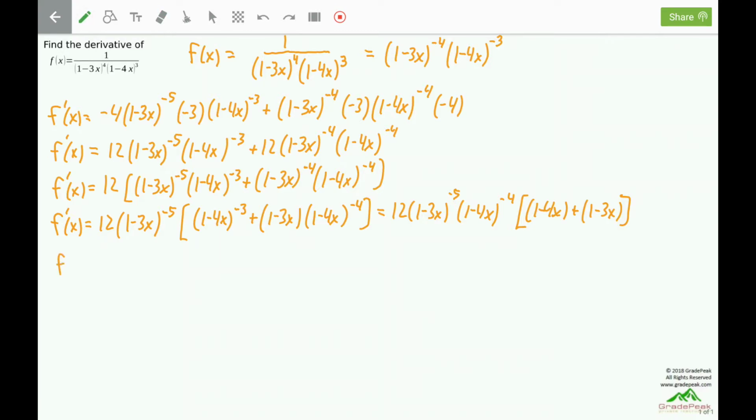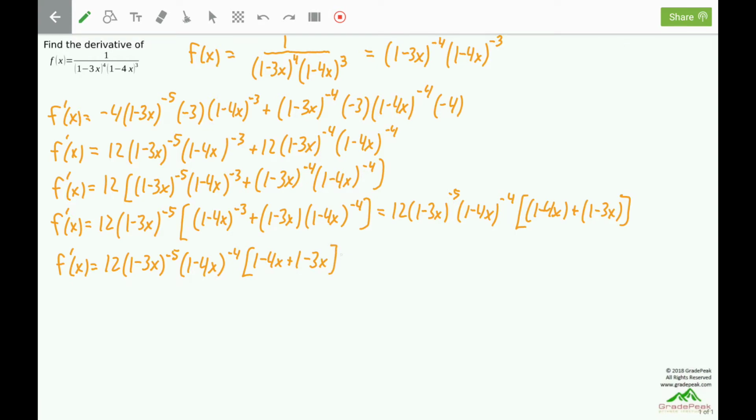So f prime of x now equals, we have a 12, we have a 1 minus 3x to the negative 5, we have a 1 minus 4x to the negative 4, and in the brackets we can remove the parentheses, so we'll have a 1 minus 4x plus a 1 minus 3x.